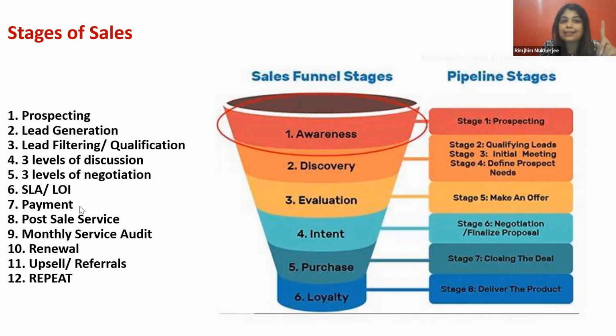Everybody stops at this 7th payment because that's what the exact KRA or the deliverable of a sales guy is. But the actual sales, actual elevation of that sales prospect converting into a much bigger proposition for you later on, starts after that. So number 1 in that after the payment stage cycle is post-sale service.